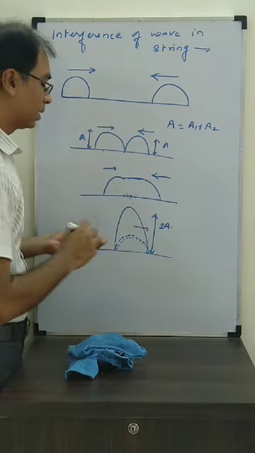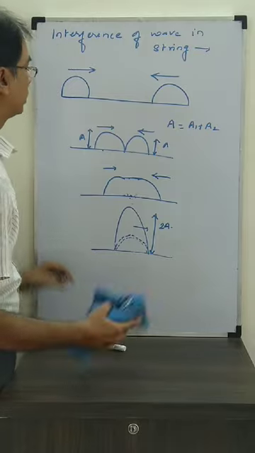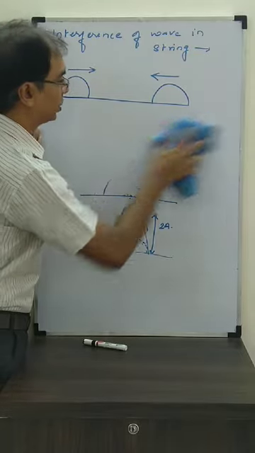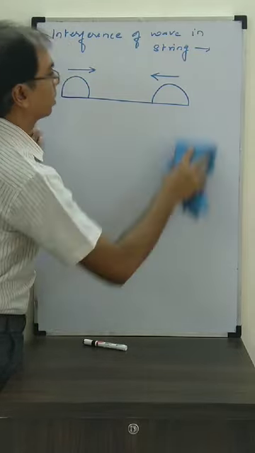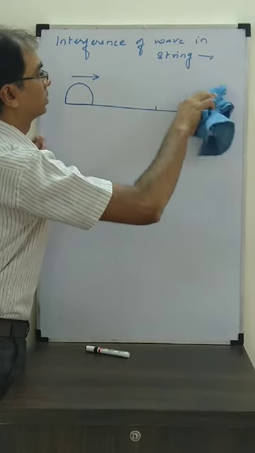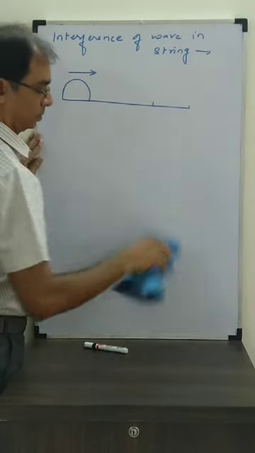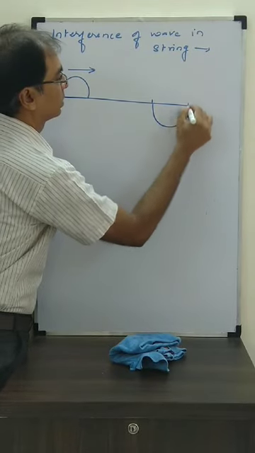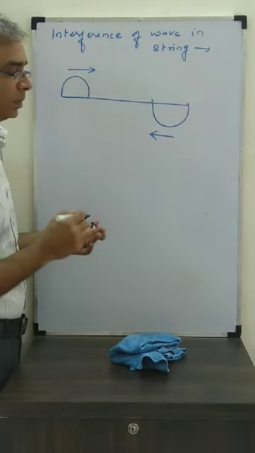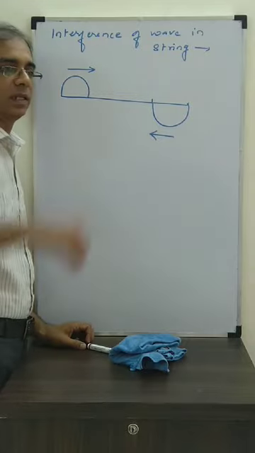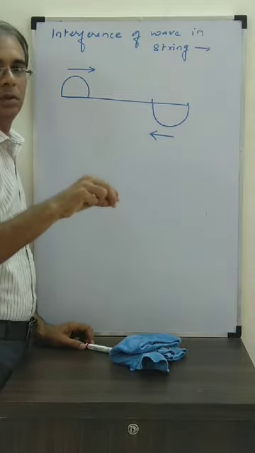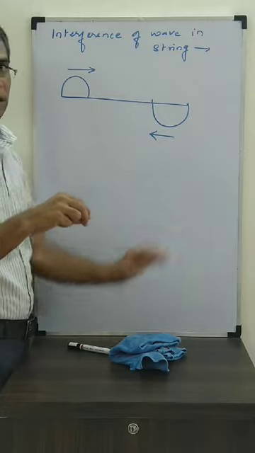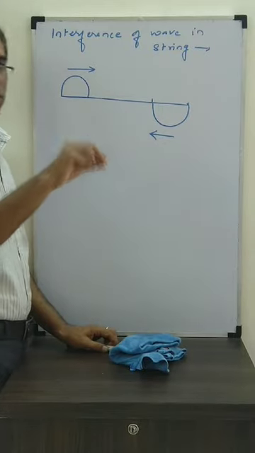Now let us see another case in which the pulses are coming in opposite directions. Maybe this pulse over here, we say that it's coming like this. It means one pulse is generated like this, up, down, and from that end, another person has created a pulse from down.